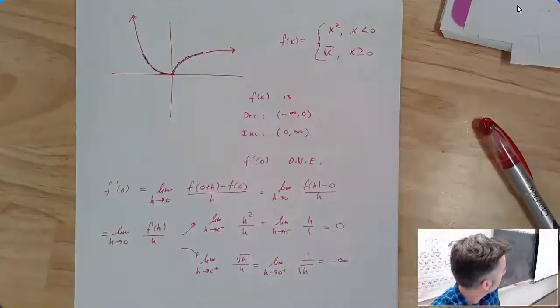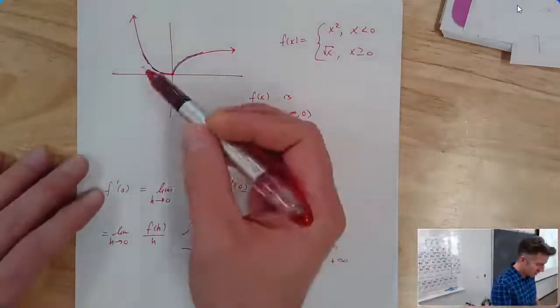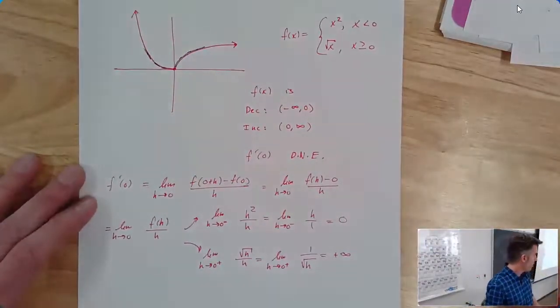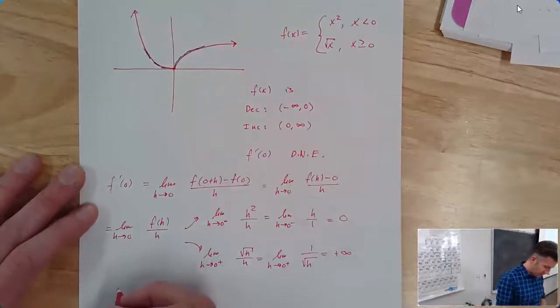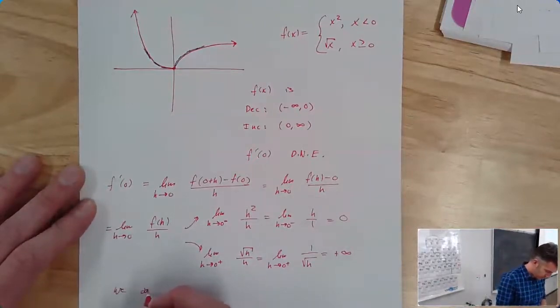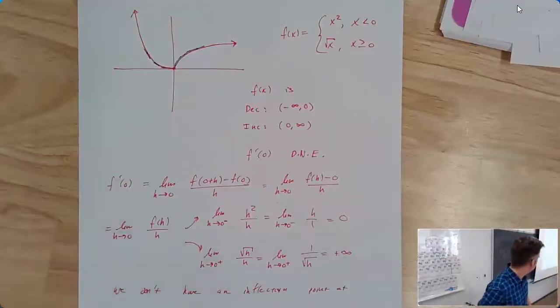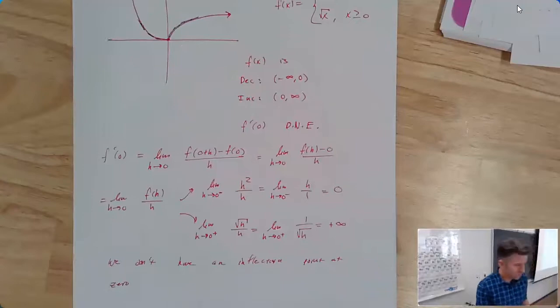So back to the other question though, this function certainly does not have an inflection point at 0. Because even though the concavity changes, we can't have an inflection point here. Now, I'm going to say something that's not quite what you think I might say.